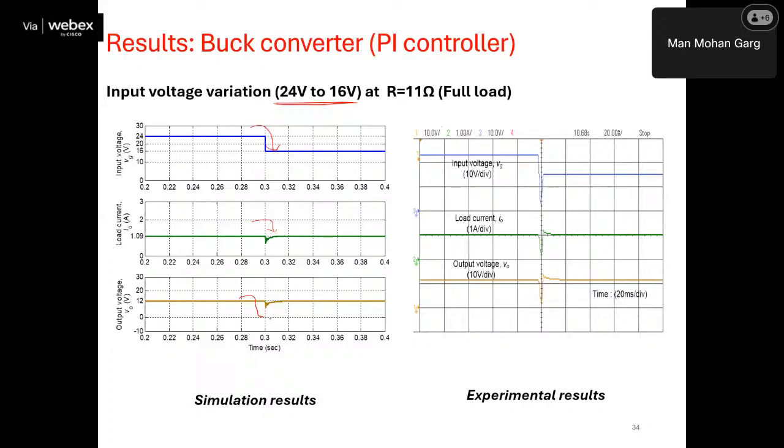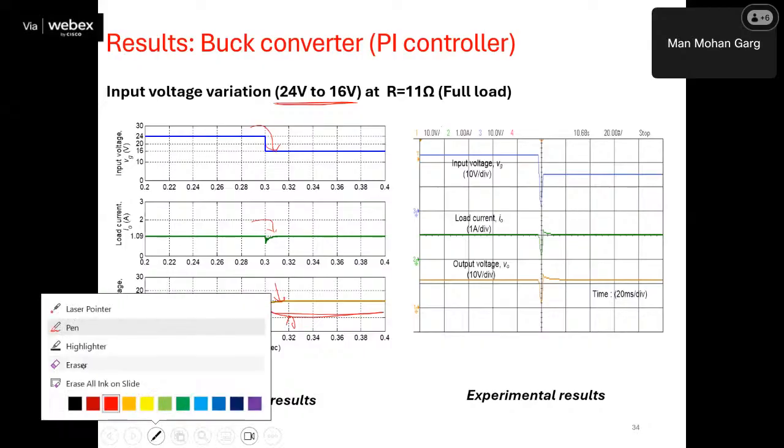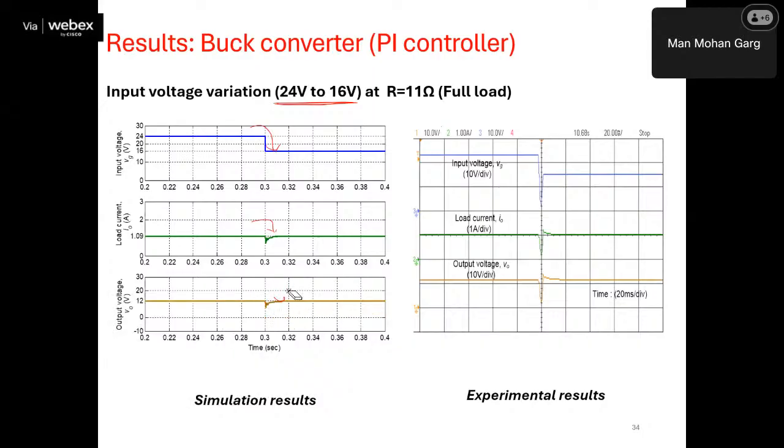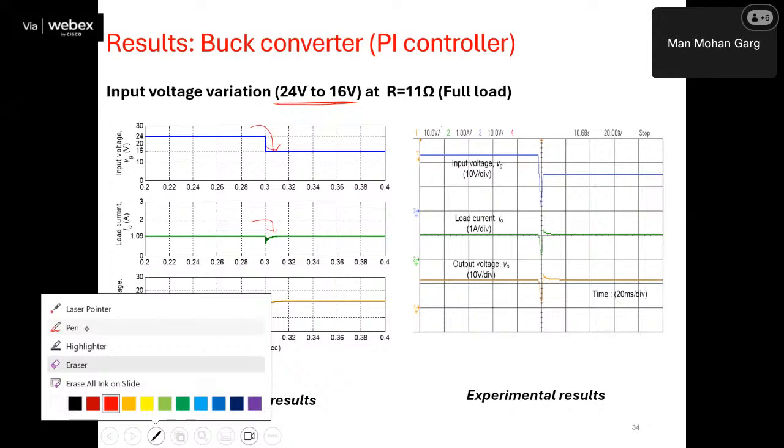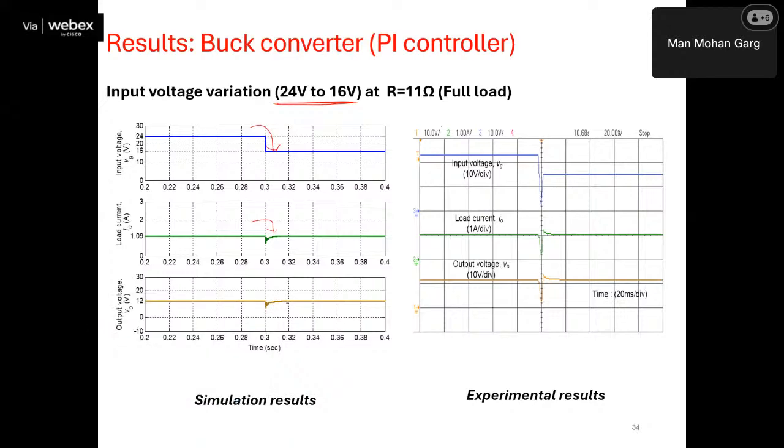It could have settled to this value, and then this much would be the error. But because we have designed a controller, the controller acts and helps us to track the output voltage back. Similarly, you can see it in the hardware result also.